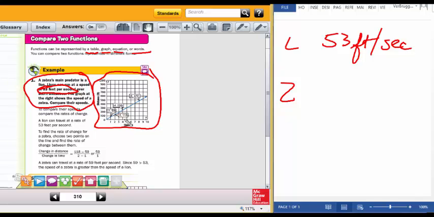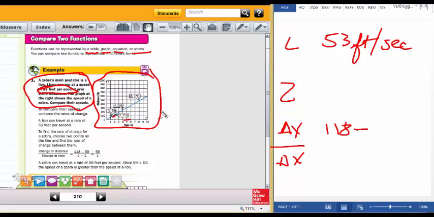So we can take these values here and do our change in y over change in x. And our change in y, remember it's always the x value then the y value, so from the first point to the second point, the change in y is 118 minus 59.